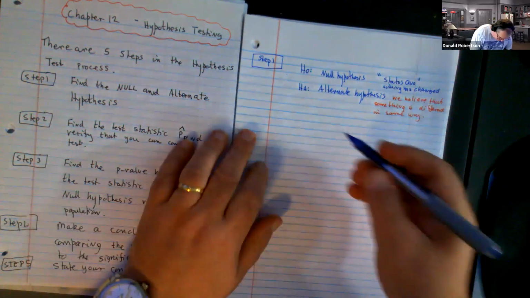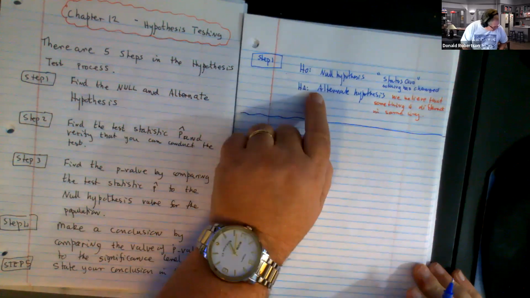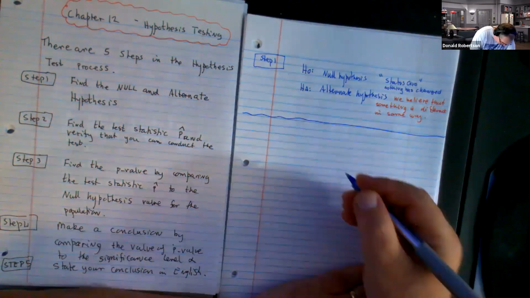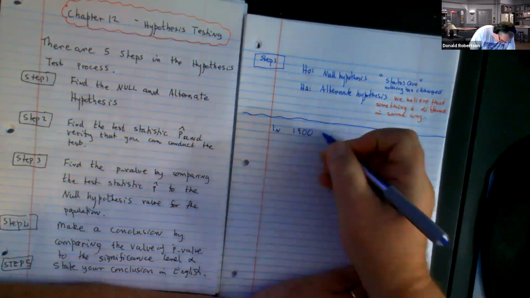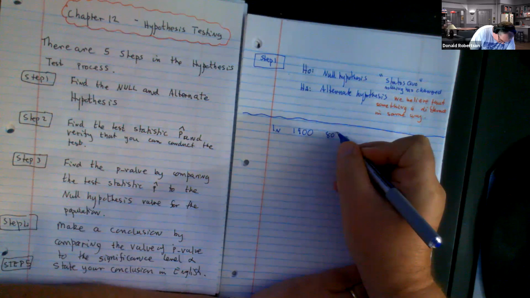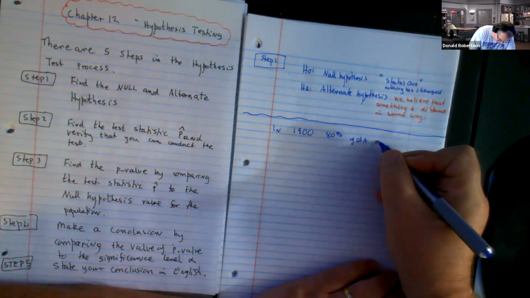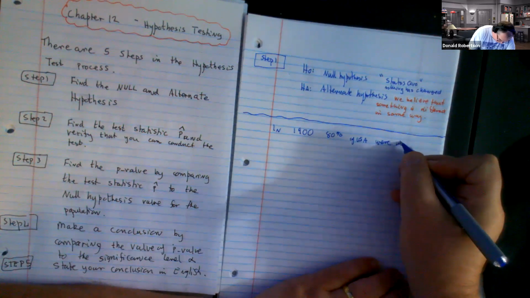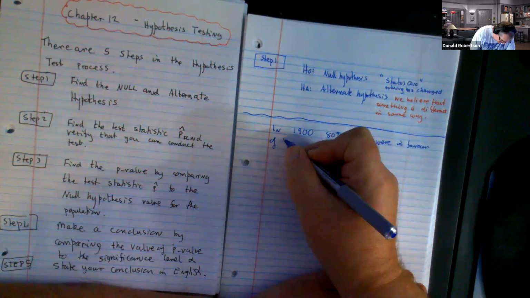There are, in fact, three versions of a null hypothesis. Here's the first one. In 1900, 80% of Americans were in favor of the death penalty.